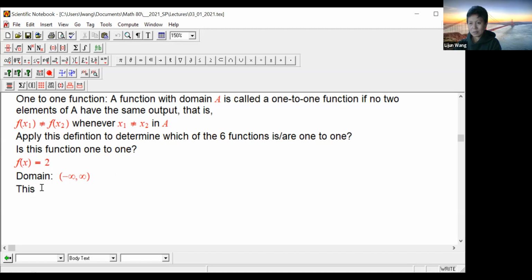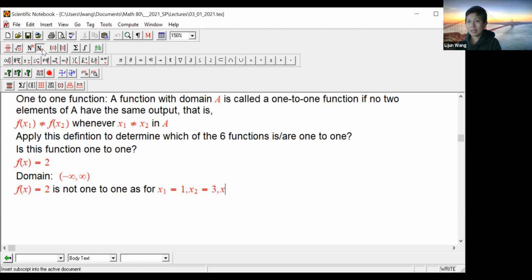This function is not one-to-one as, say, for input x1 equals 1, x2 equals 3, for example, their output will be the same, right?